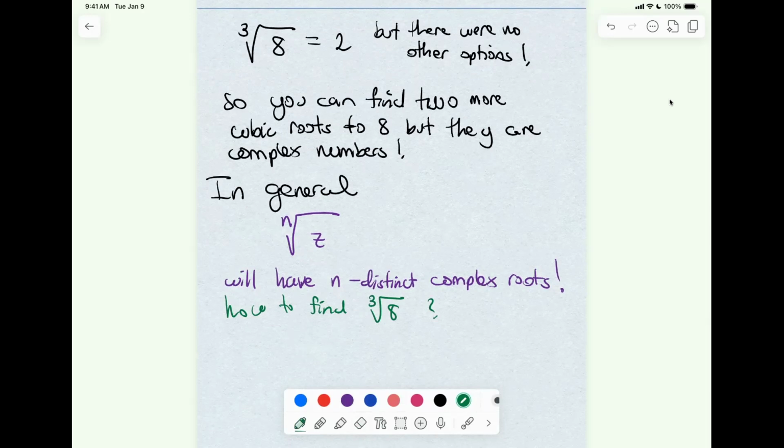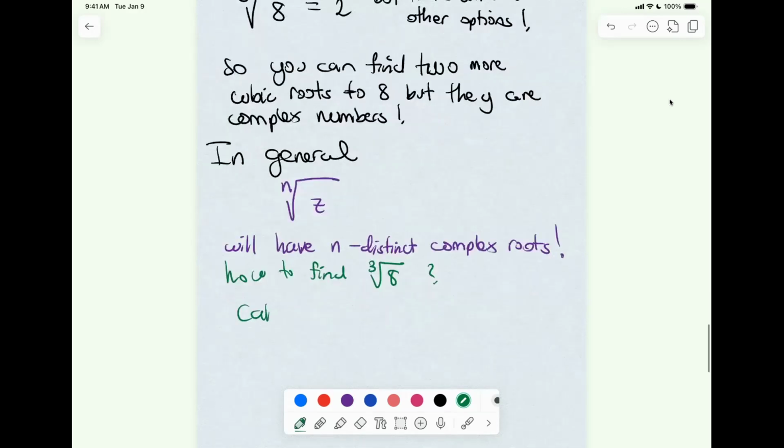I don't know what it is at the moment, so I'll just call it Z. Let's call that cubic root Z. You don't know anything except the following: whatever this is, it must have the property of a cubic root.